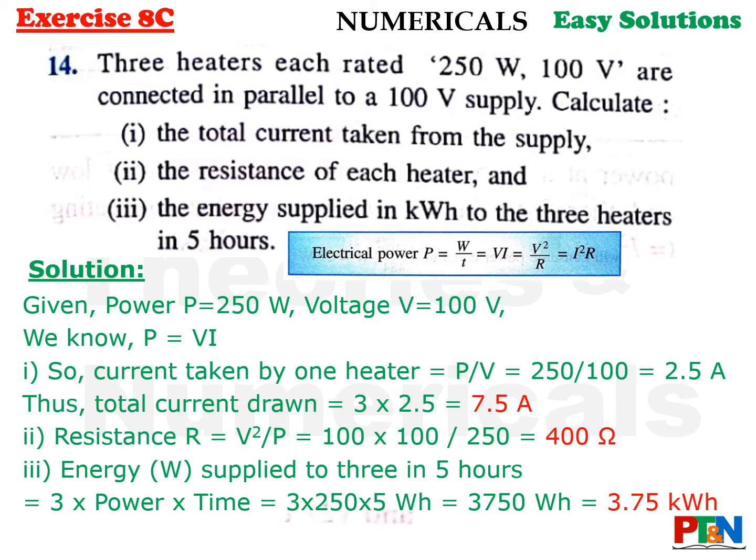Power has been given, voltage has been given. So current is power by voltage. Total current will be for 3 heaters, 3 into 2.5, that is 7.5 ampere. Resistance is V square by P. Put the values, calculate, get 400 ohm.